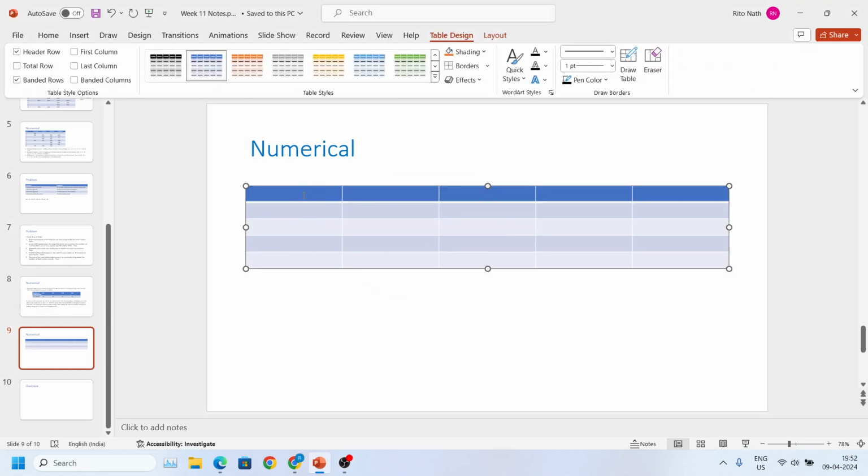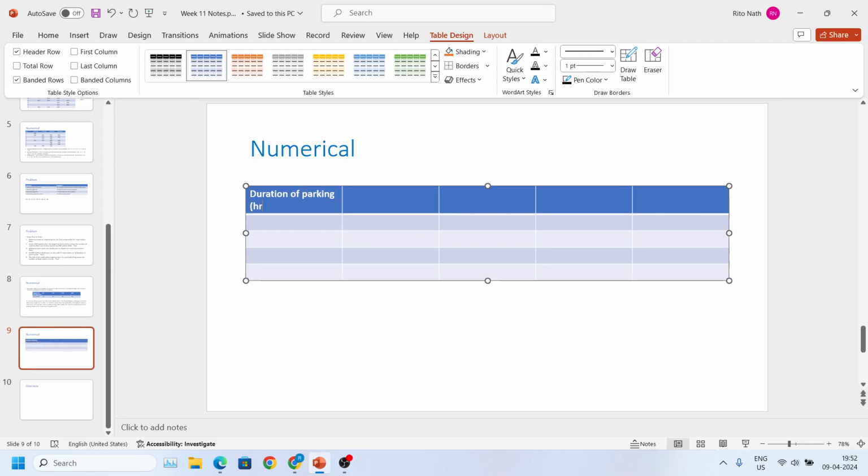So the solution is, first, the duration of parking in hours: 0 to 1, 1 to 2, 2 to 3, 3 to 4. Then you have the percentage of vehicles: 20, 25, 30, 25.